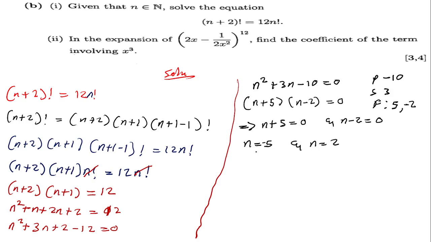These are the two solutions of n that we were looking for. With that being said, if there are any questions, you are free to unmute yourself, but if there is no question, I can move on to the next question.